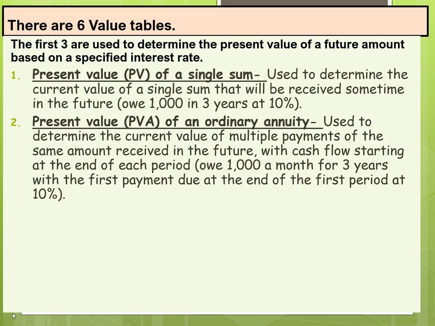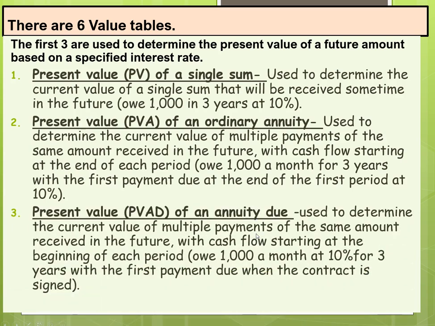If, however, you are going to receive payments in the future, but they're different amounts, then on each payment you'd have to use the present value table of a single sum. An example would be if we owe $1,000 a month for 3 years at 10%, with the first payment due at the end of the first period, what would that be worth in today's dollars?